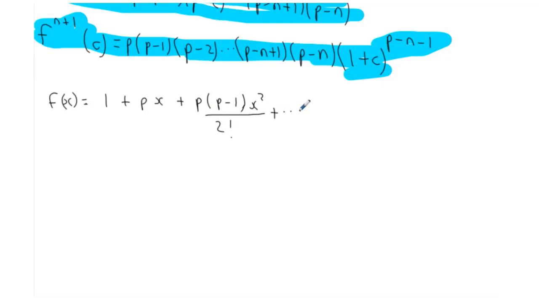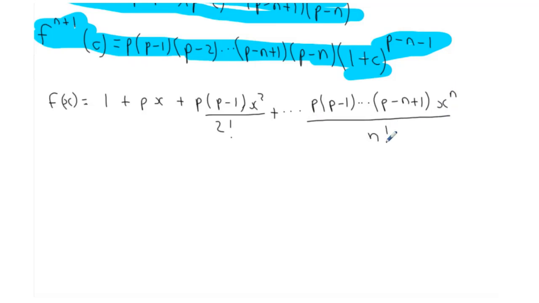Obviously the next term would be p minus 1, p minus 2, x cubed over 3 factorial, and so on, but we're going to go up to the end, which is p minus 1, p minus 2, and so on, dot, dot, dot, all the way up to, remember, p minus n plus 1, and it's going to be x to the n over n factorial.